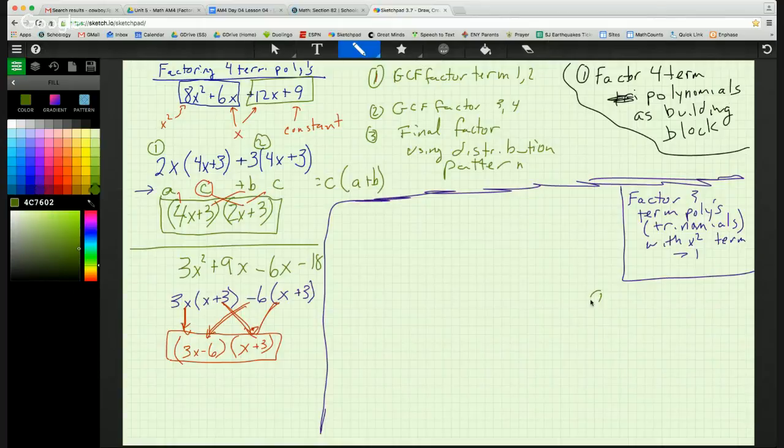The first step is, we're going to use big X to break a 3-term poly into a 4-term poly.